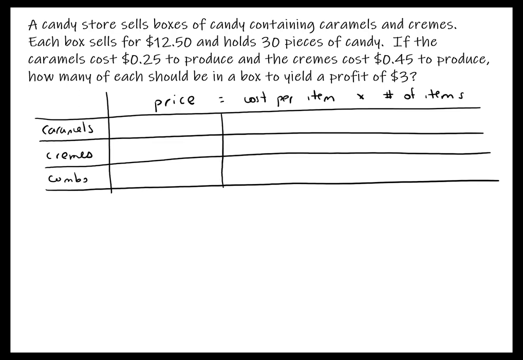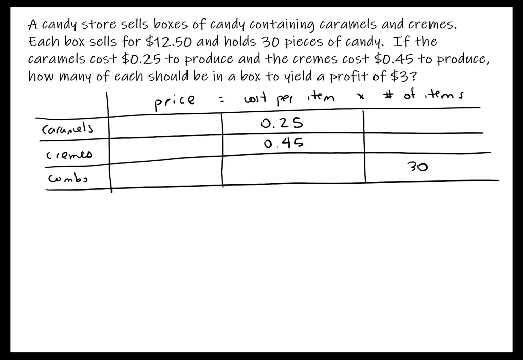The caramels cost 25 cents to produce, and the cost of the creams is 45 cents to produce. And we want to put in a box that holds 30 pieces total.